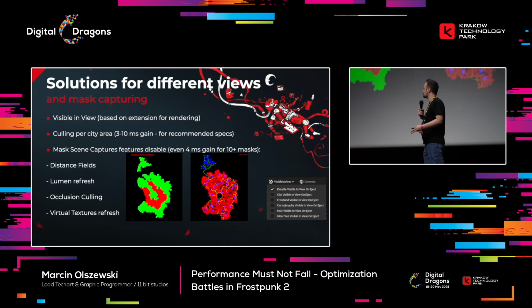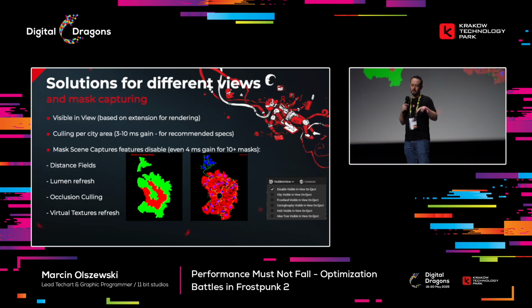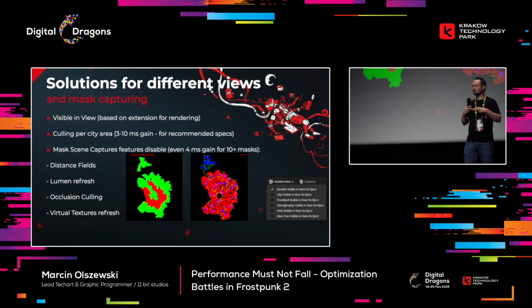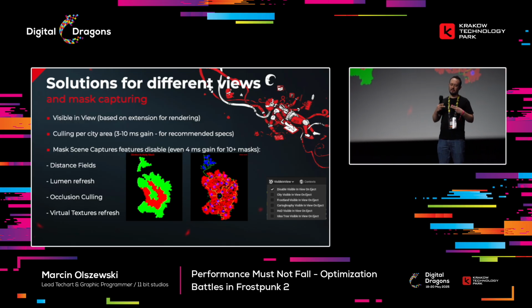And for example, we could even reach 4 or 5 milliseconds of loss because of some updates that are not needed for render targets, okay? Especially if those render targets are colliding with some light areas or some meshes that are in the scene, because Unreal batches those SDFs and Lumen things, and they are also triggered from scene captures.